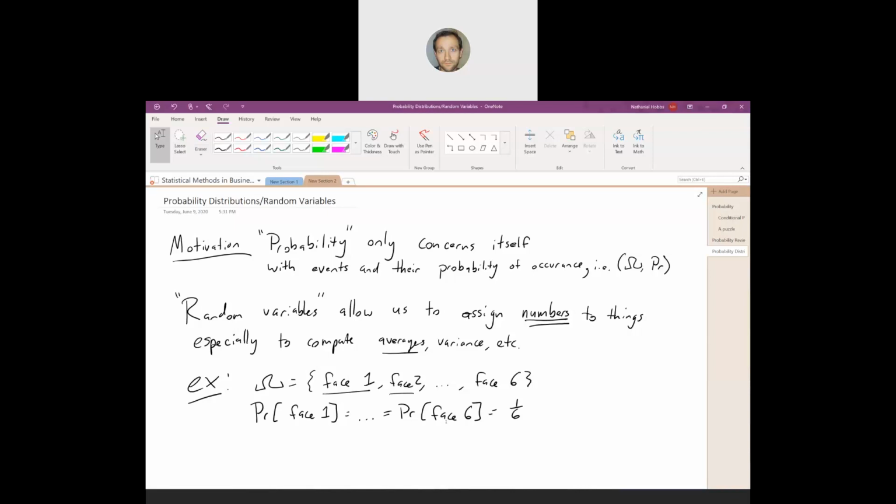So, what a random variable does is map outcomes to real numbers.